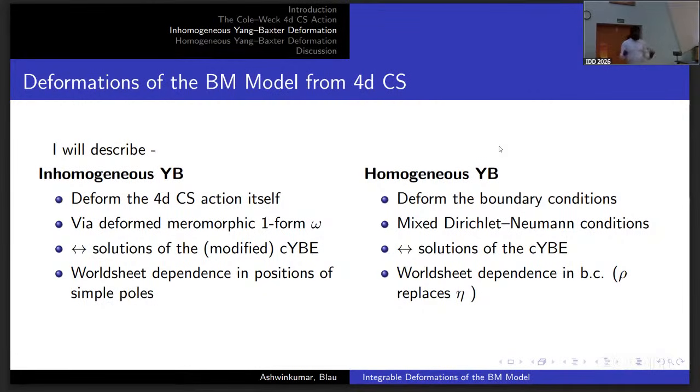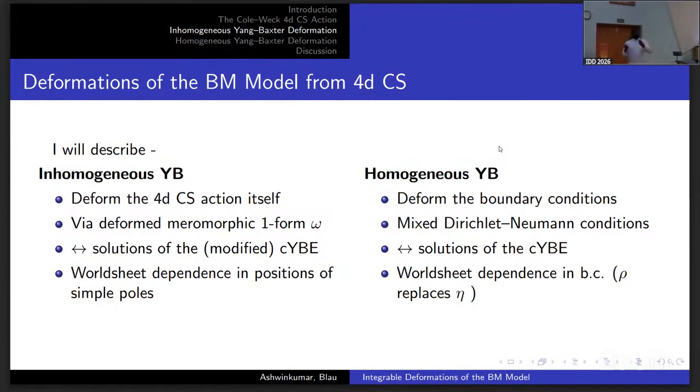And of course, as before, the boundary condition will involve solutions of the modified classical Yang-Baxter equation. But crucially, there is worldsheet dependence in the positions of the simple poles of the meromorphic one form. Whereas in the homogeneous case, once again, we have mixed Dirichlet-Neumann boundary conditions.